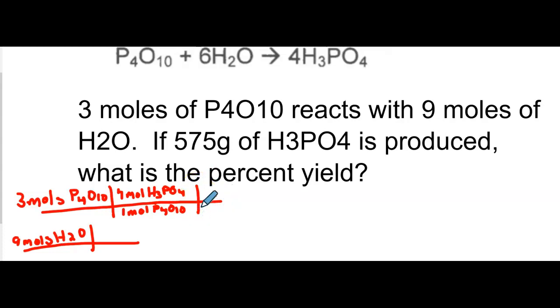And again, I'm going to go ahead and do grams because we're going to have to get there anyway. So I'll get my molar mass, so 30.97 plus 3.03 plus 64. It's going to give us 98 grams over my 1 mole of H3PO4.